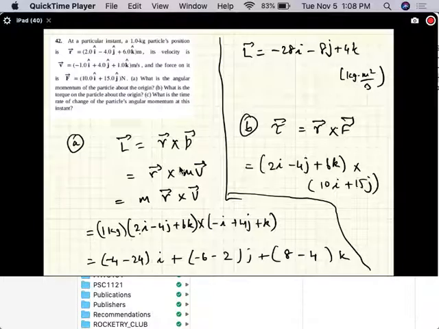Now, since there's only 2 components here, it will be easier to do it like this. You just have to remember i cross j is k, j cross k is i, and so on. And what is i cross i?